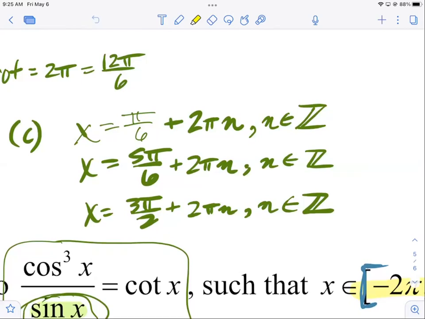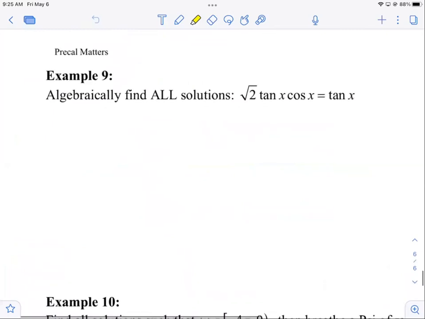We can find all of those, and then we know how often all the others occur, which is not always 2 pi, because we can stretch and compress horizontally to affect the period. But if we can find all the ones within one rotation, whatever the rotational cycle is, we can just add multiples of the full rotation. That's how you list all of them. So let's go ahead and look at number 9.